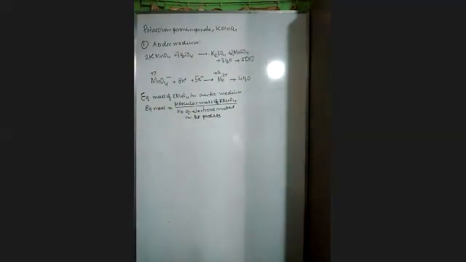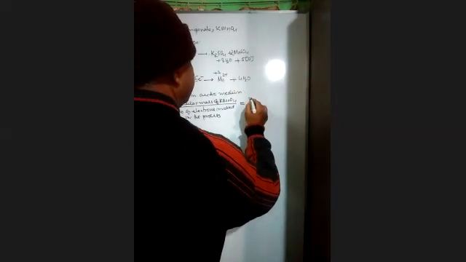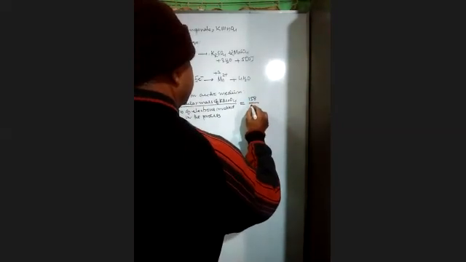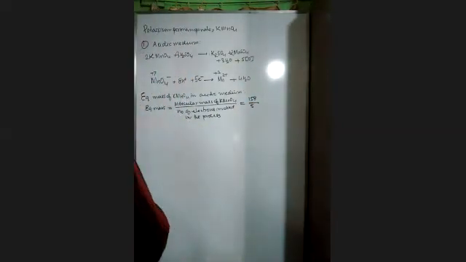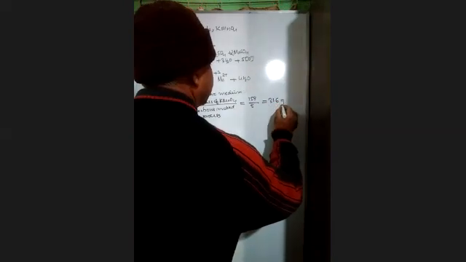So how many electrons are involved? 5 electrons. Okay. So molecular mass of permanganate is 158. And how many electrons involved? 5. So the equivalent mass is 31.6 gram.